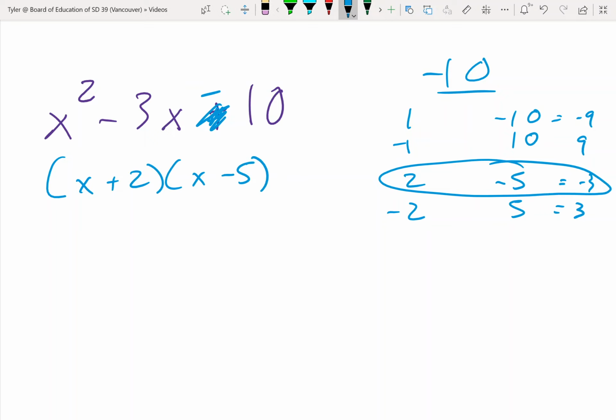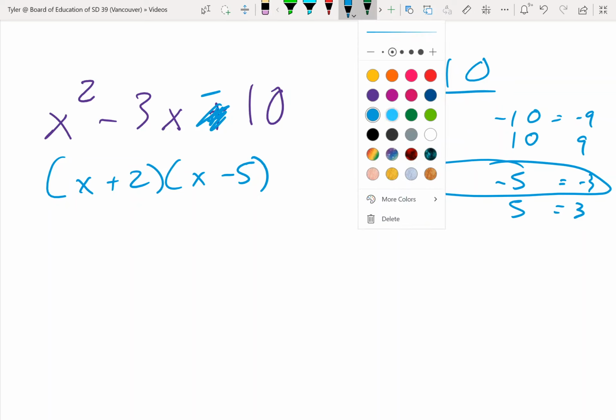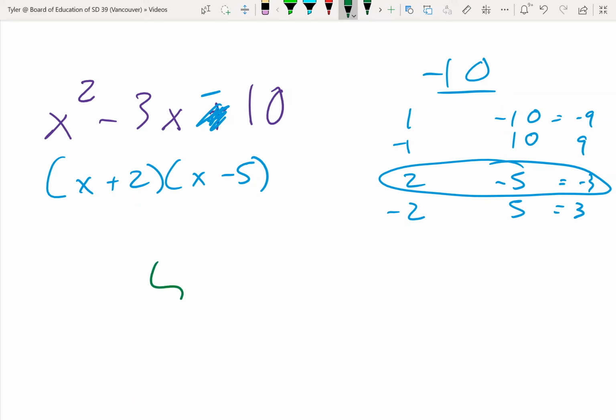Same idea. The only other type of question we need to worry about is the ones where it's going to actually look like this. So x squared. Okay. So again, I'm going to write out the factors for 10.